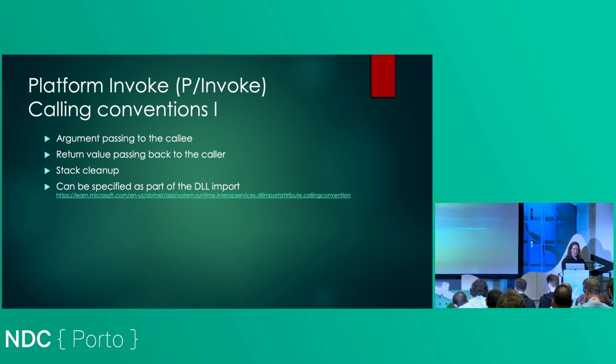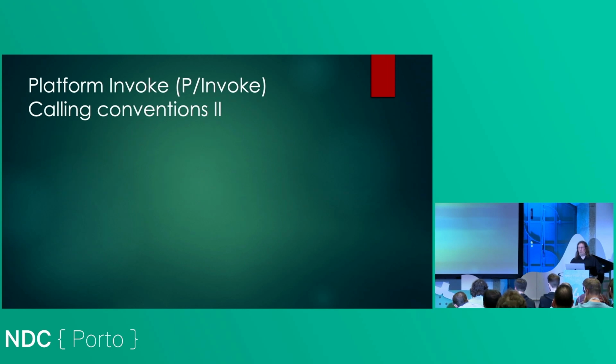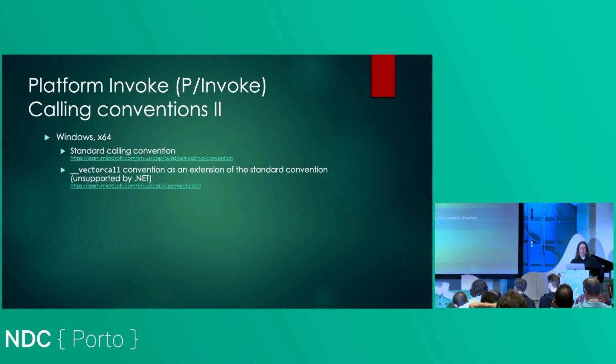The good news is, for the most common platforms you'll encounter, this is not going to be an issue. So Windows 64-bit Intel, there's basically one standard calling convention. Well, there's one standard calling convention, but there's also an extension to the standard, which is the vector calls. They use SIMD registers in addition to regular registers and stack. But they're also not supported by .NET.